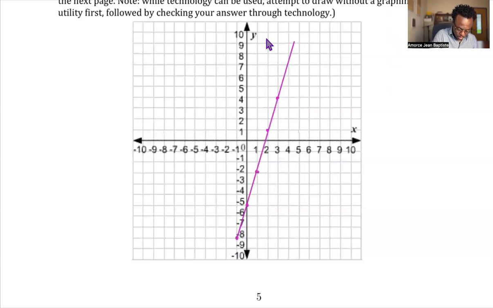Okay, so that is the line. If we want to extend this over here, that's the graph of y equals 3x minus 5. So we have the graph of all these equations.